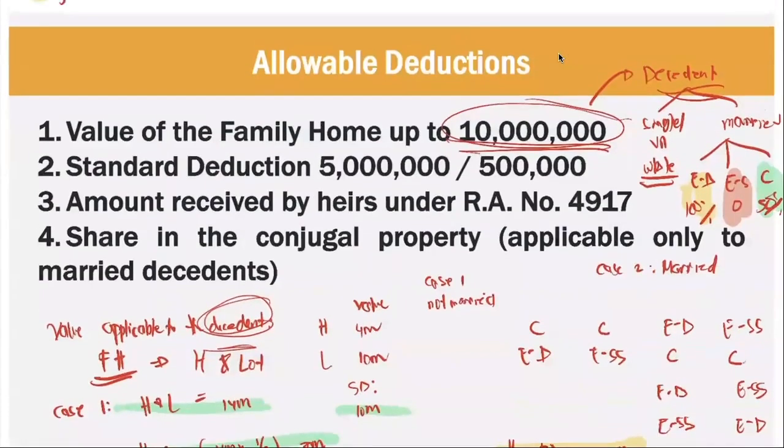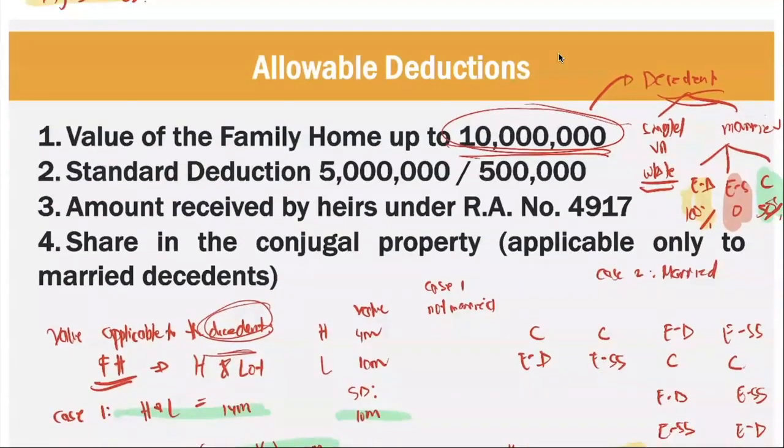Next, standard deduction. Your standard deduction can either be 5 million pesos or 500,000. 5 million for resident citizen, resident alien, and non-resident citizen. 500,000 for non-resident alien.